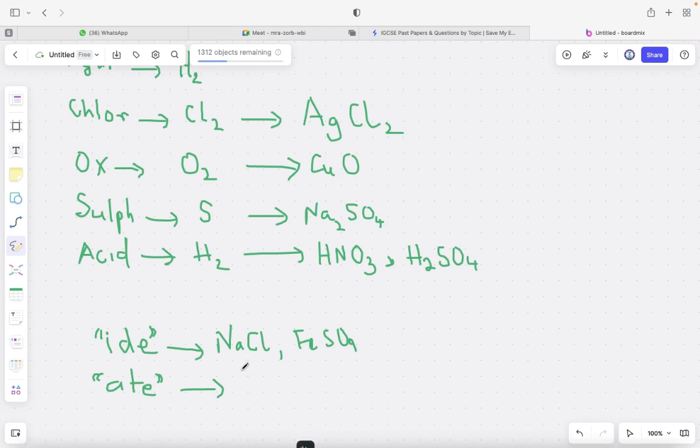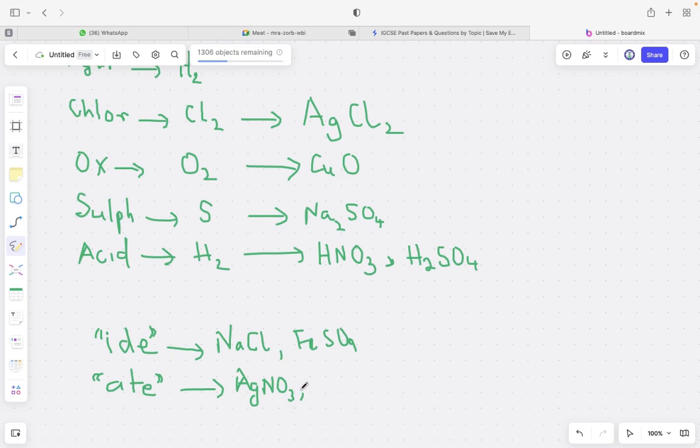For example, silver nitrate, sodium sulfate, silver is Ag, okay? Silver nitrate ends with ATE.